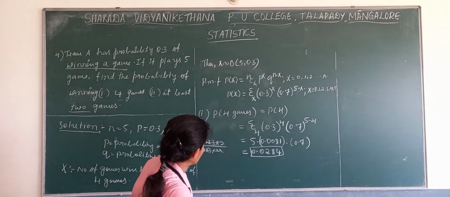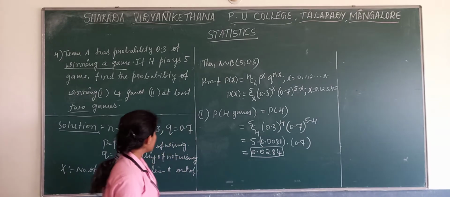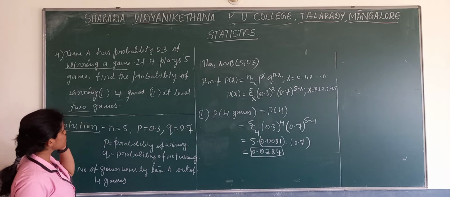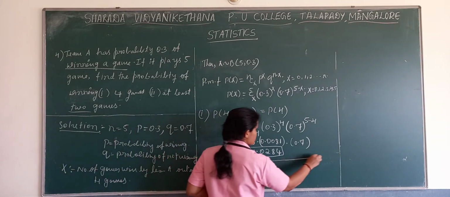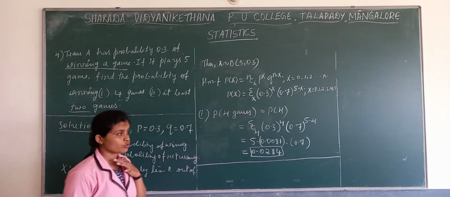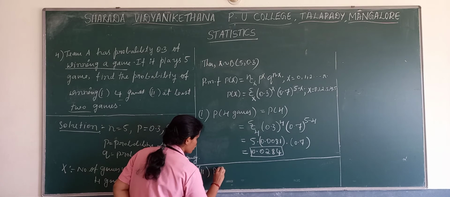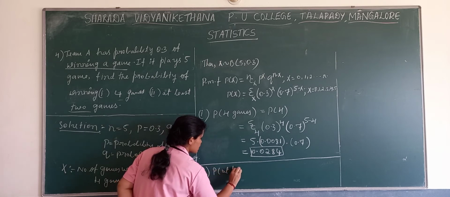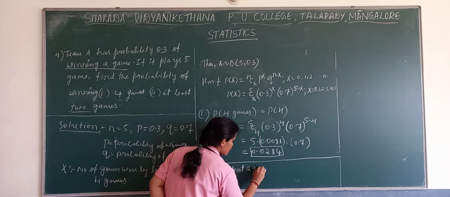Next question now. See the next question, that it is at least 2 games. So what do we need to take? At least 2 games means what probability we need to take? So here the second question, the P of at least 2 games.